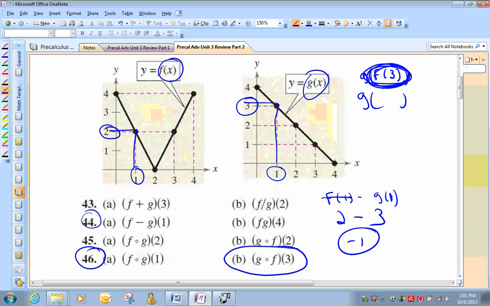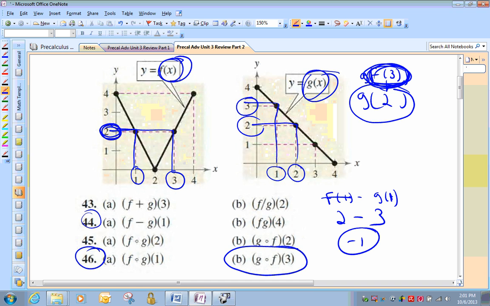So we're going to go to our f function where x is 3, go up, and our y value is 2. So f of 3 is 2. Now we have g of 2. Go to our g function where x is 2, our output is 2. 2 is our final answer. All right, go Bearcats. Hopefully you get that.